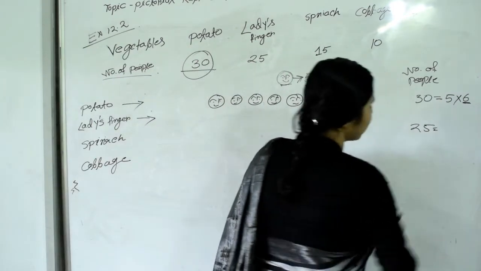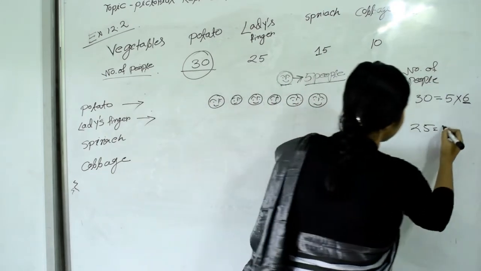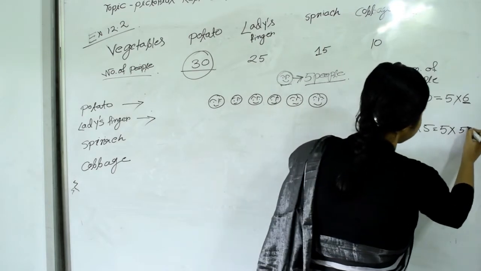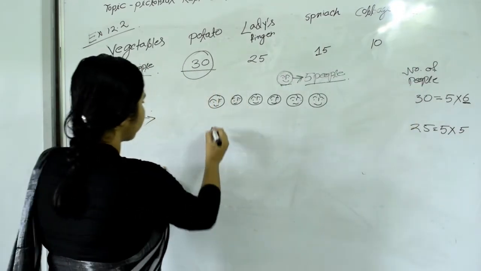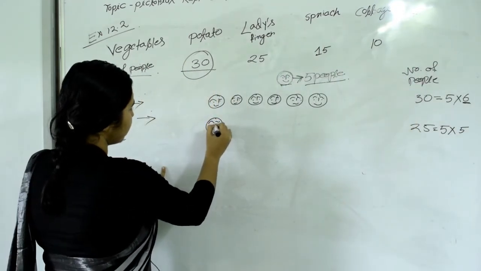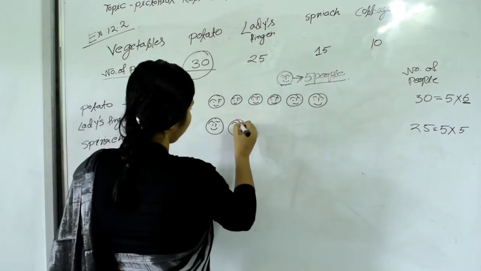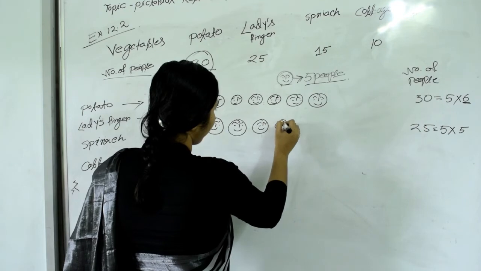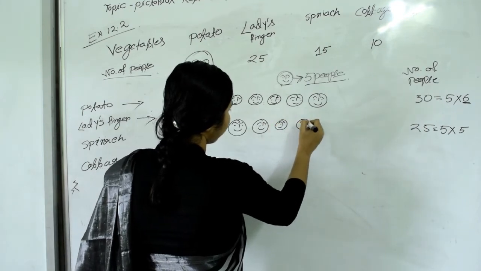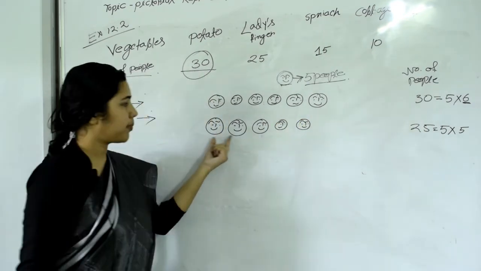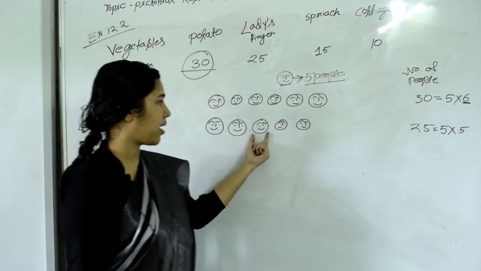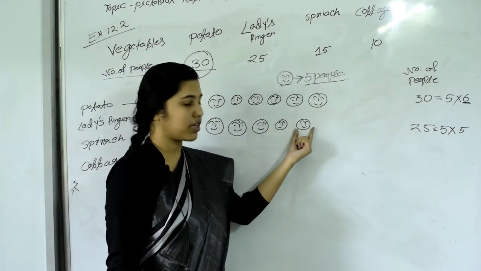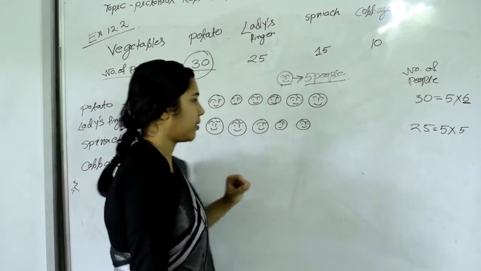So again write 25 as a product of 5 and 5. So here we have to draw 5 smiley faces. So 1, 2, 3, 4 and 5. 5 plus 5 is 10, plus 5 is 15, plus 5 is 20, plus 5 is 25.